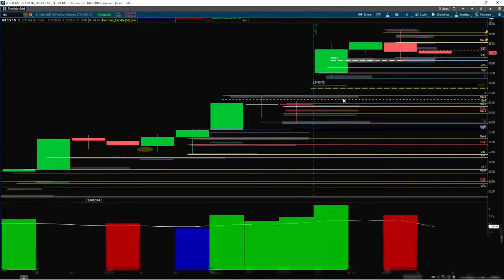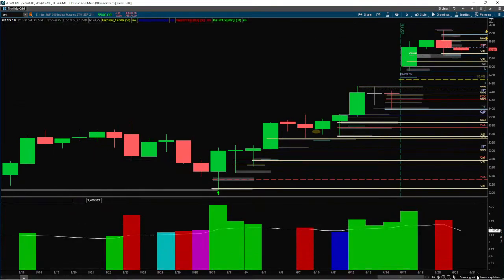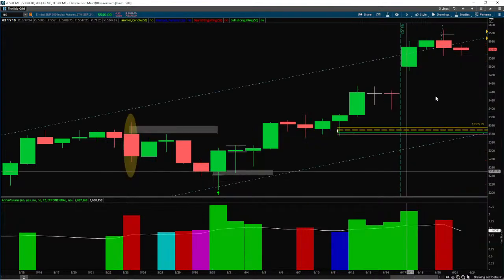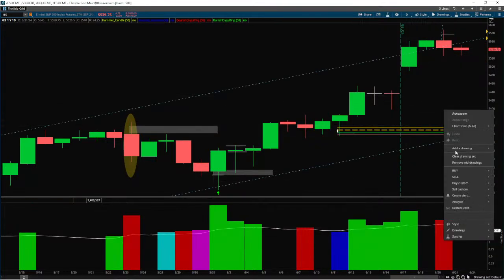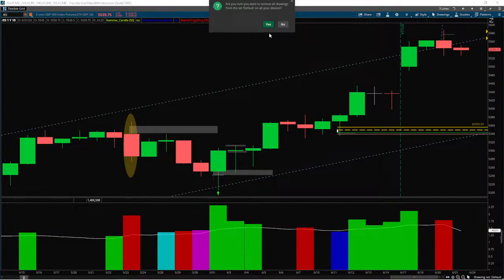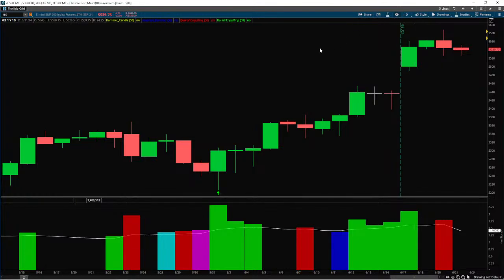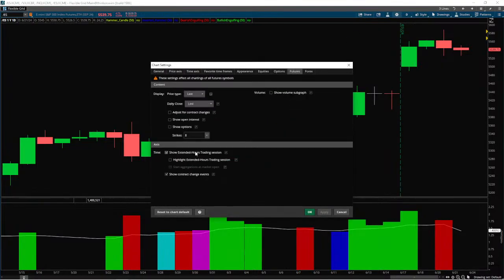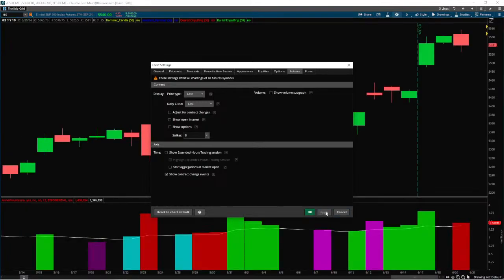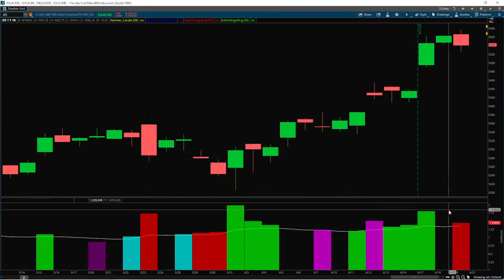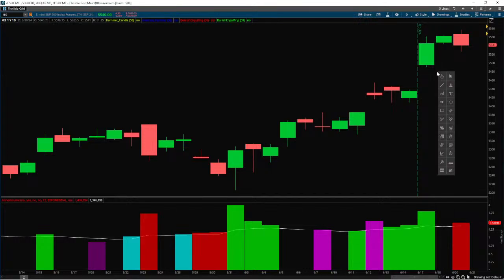Let's do two things here. Let's get into here. Let's clear this chart. Is this width? No, I think yeah, this width extended hours. This one is important.